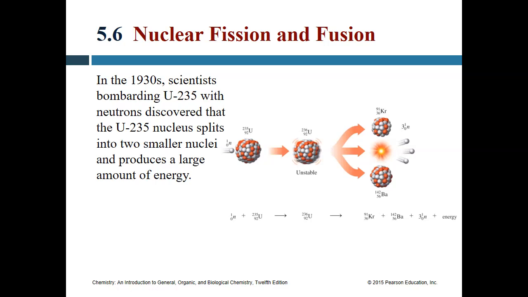What's interesting about those 3 neutrons is that they are coupled with a gigantic amount of energy as that unstable nucleus rips apart to form these more stable yet still radioactive nuclei. This process became known as nuclear fission.